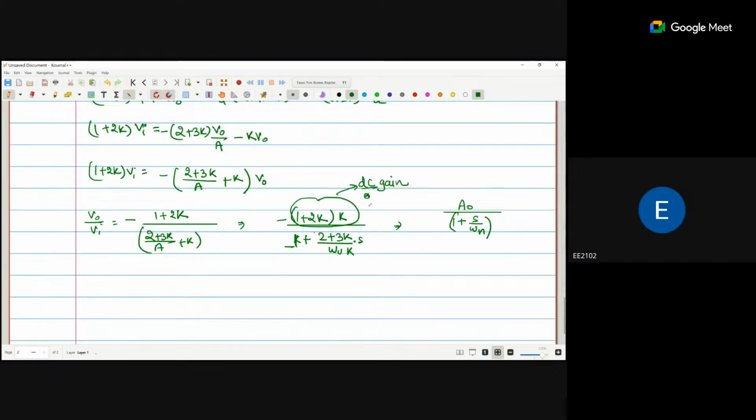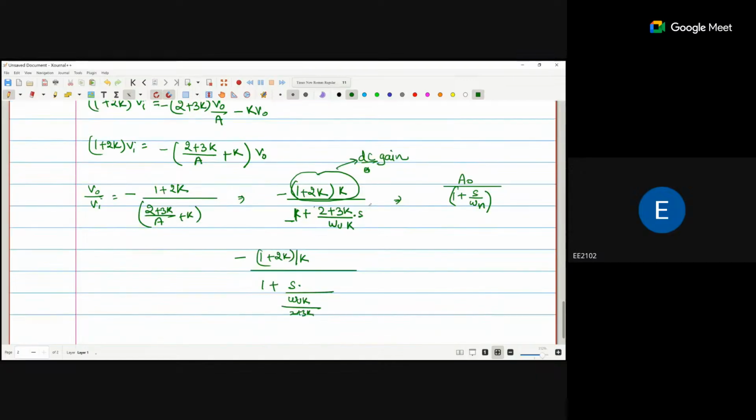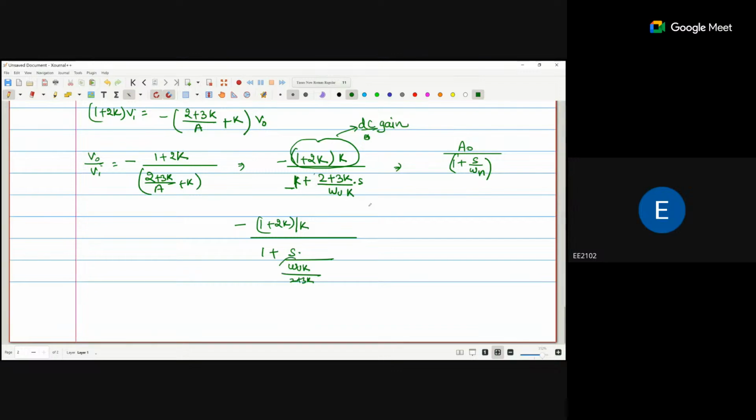And this one is minus (1 plus 2K) divided by K, upon 1 plus S times S upon omega u by K upon (2 plus 3K). So that is the bandwidth, omega u K upon (2 plus 3K).